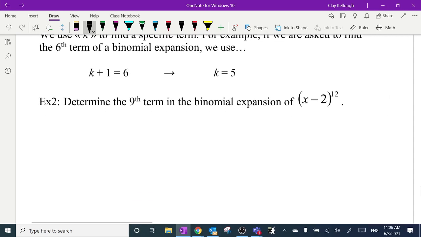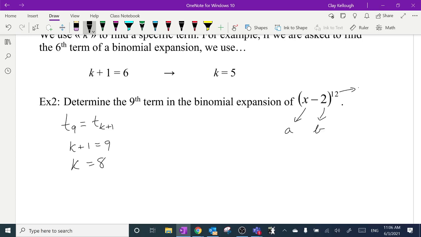Find the ninth term in the binomial expansion. So if I want the ninth term, that means t sub k plus 1 is t sub 9. So that means k plus 1 is 9, so k is 8. So the formula is going to be, oh, and while I'm at it, of course, x is my a, negative 2 is my b, and of course 12 is my n.